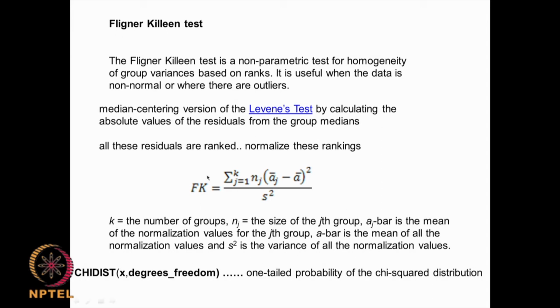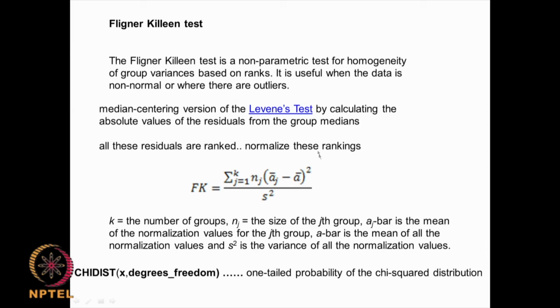Okay, and then you calculate the statistic called Fligner-Killeen, where this is the summation of j equal to 1 to k, n_j, the size of the group j, times (A_j bar minus A bar) squared, divided by s squared. A_j bar is the mean of the normalized values for the jth group, and A bar is the mean of all the normalized values, s squared is the variance, k is the number of groups, and n is the size of the group.